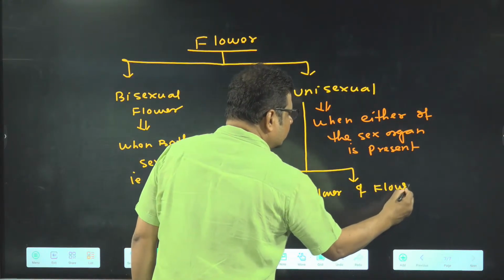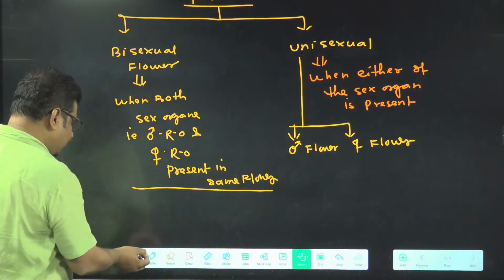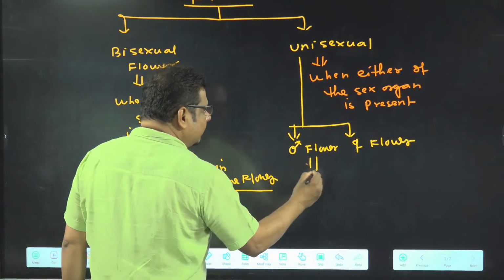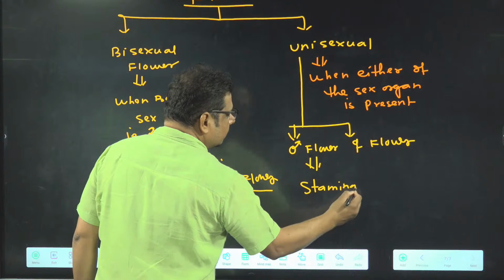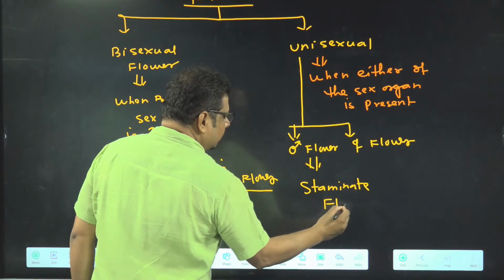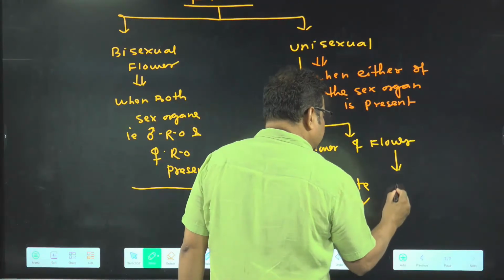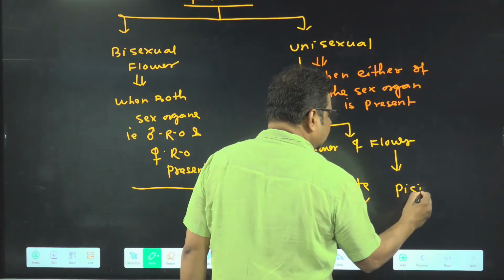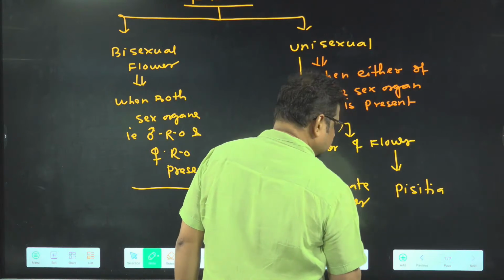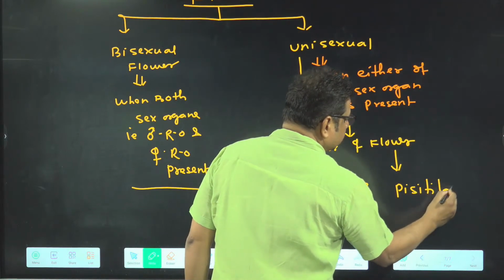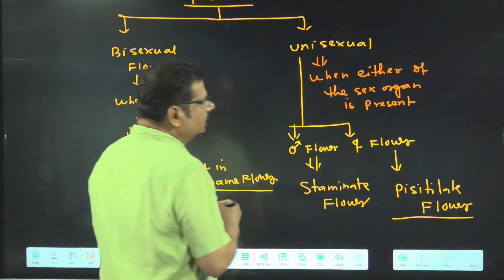If you talk about male flower, what is the technical name you will give for the male flower? A staminate flower. And here it is pistillate flower. Female flower is what? Pistillate flower. Staminate flower and pistillate flower.